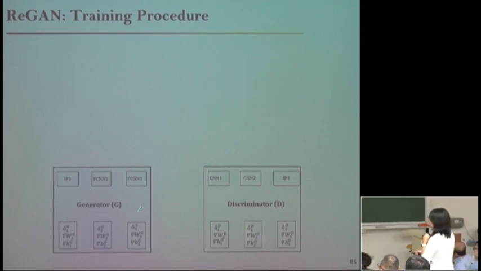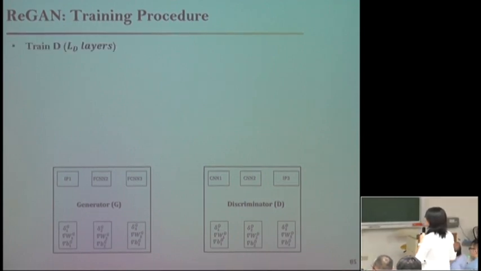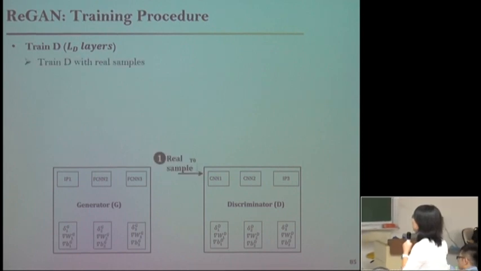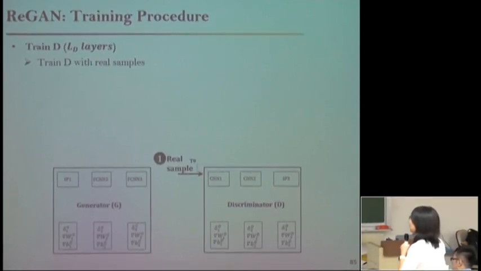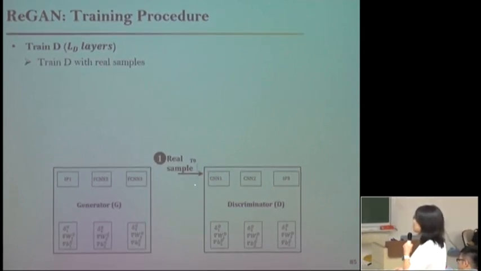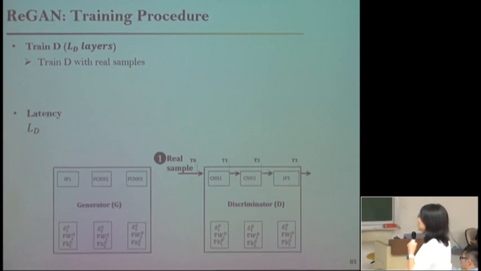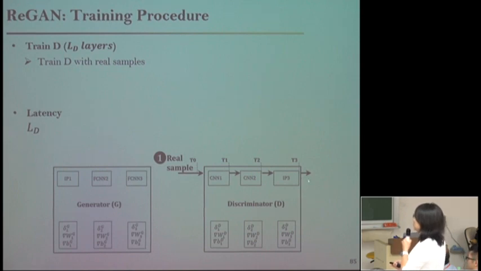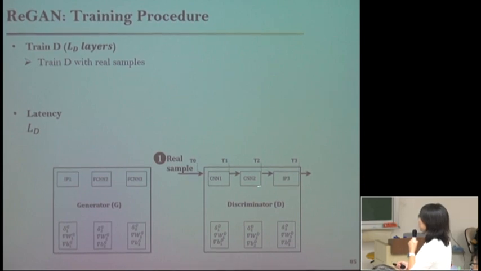Let's say we have the generator and the discriminator. To train the discriminators, we supply real samples. Looking at the latencies, the real samples have to go through all the layers of the network in the discriminators. Assume LD is used to represent the layers of the discriminators.